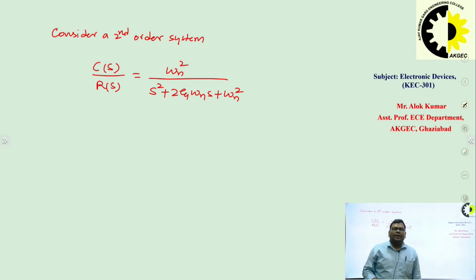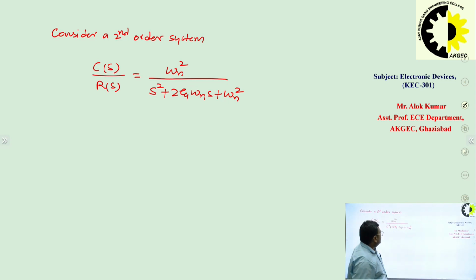In time domain, we have derived the expressions of time domain specifications, like rise time, peak time, and peak overshoot. Today in this lecture we are going to derive the expressions for the frequency domain specifications.